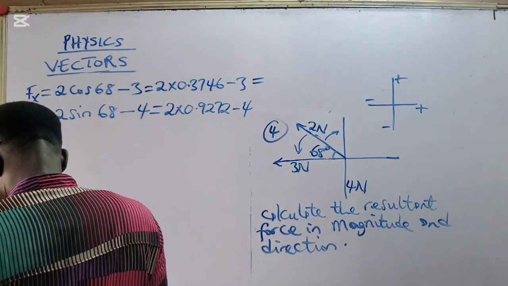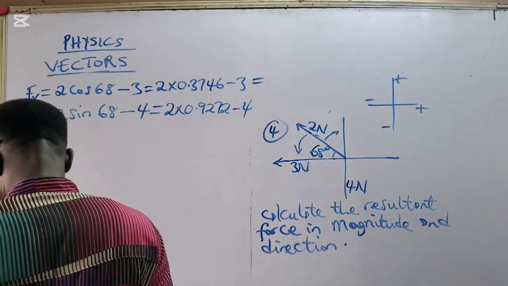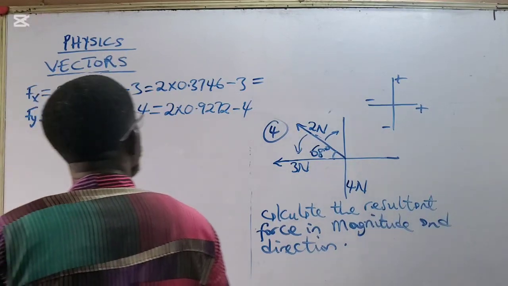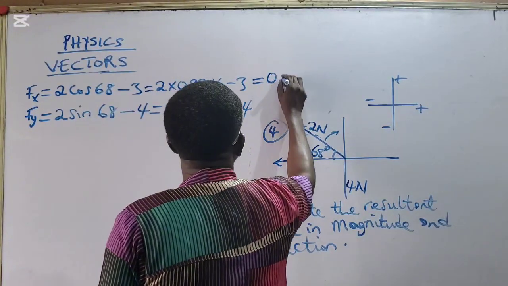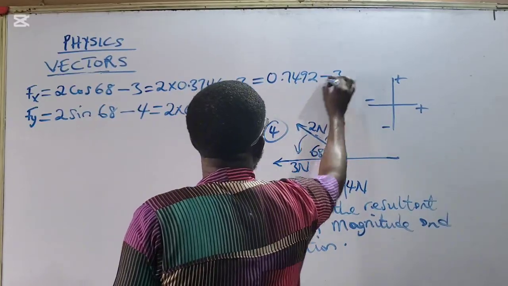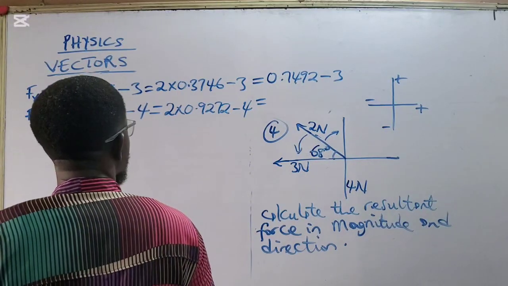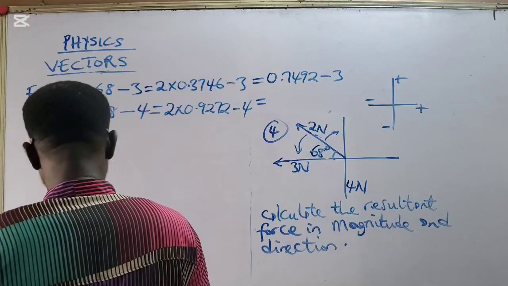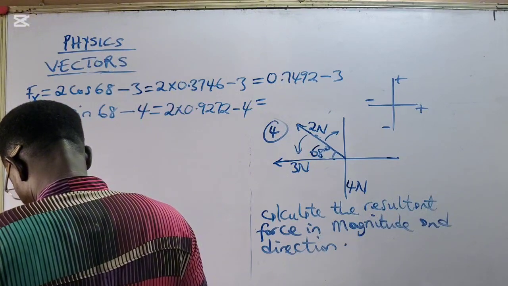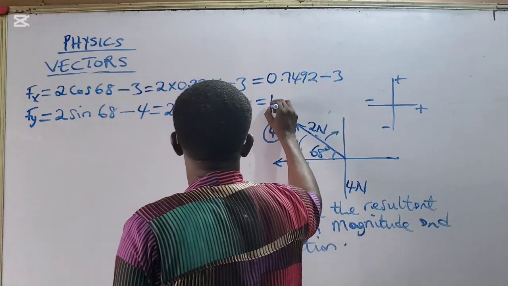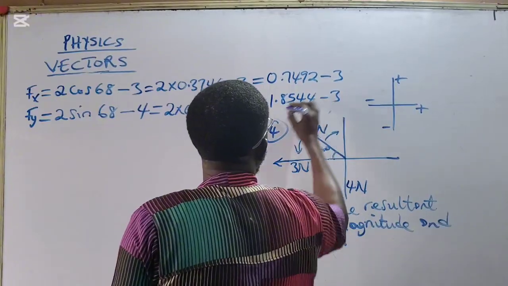So that's 2 times 0.3746, which is 0.7492, minus 3. And 2 times 0.9272 is 1.8544, minus 4.